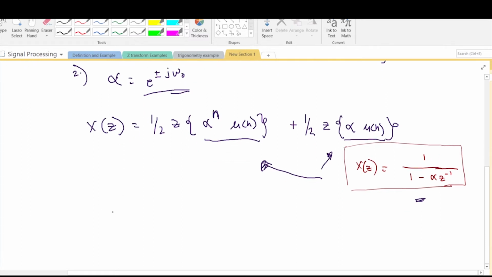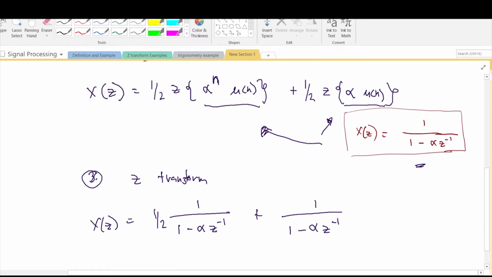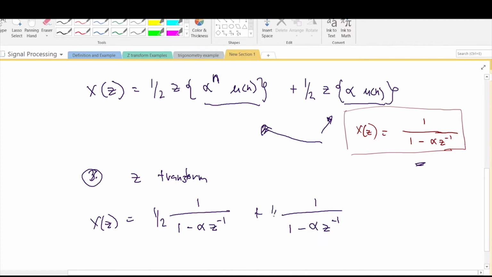Now we're going to step 3, which is Z transform. So to do that, the problem would now be, okay, that's the Z transform of our problem.